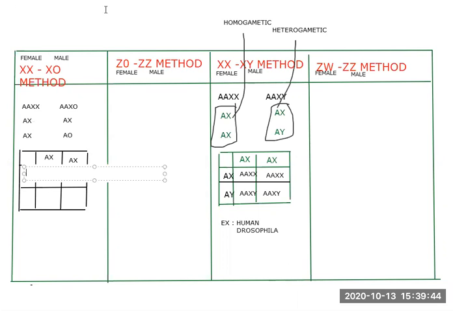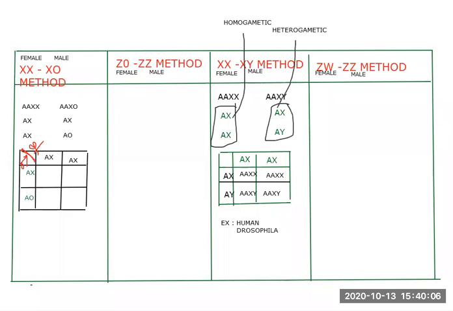Okay, so let me take another color. AX is autosome with X chromosome. AO is autosome without X chromosome. Now, this side is female and this side is male.